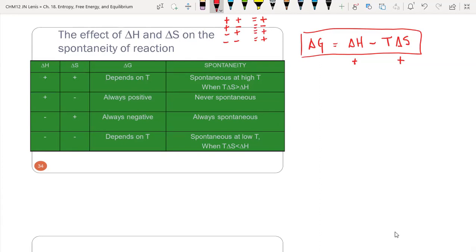But here, these numbers will depend on the values you have. Let's analyze. Remember, we have a negative sign here affecting everything here. So you have plus, and this minus changes the sign of this.